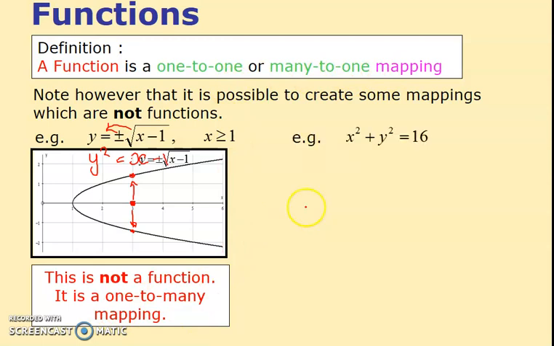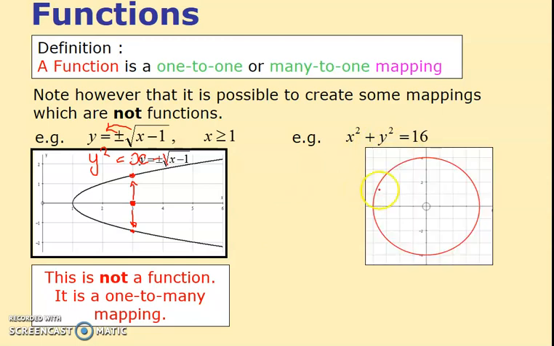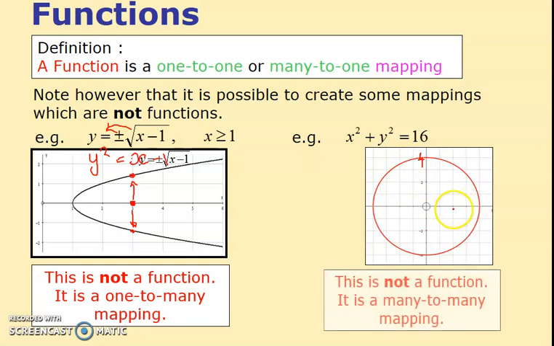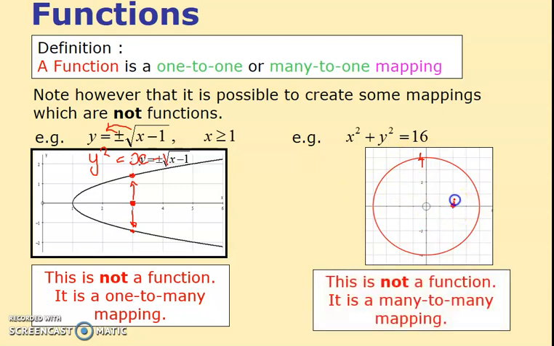And here's another example, x squared plus y squared equals 16. You may remember that from our work on circles earlier in the year. It's a circle of radius 4. And the great thing about this function is, take this point, for instance. I can go up here and I can go down here. So one point goes to many places.